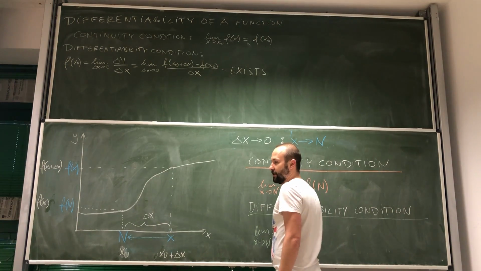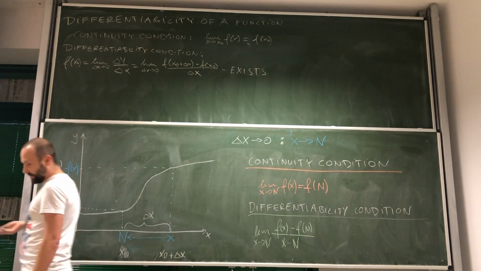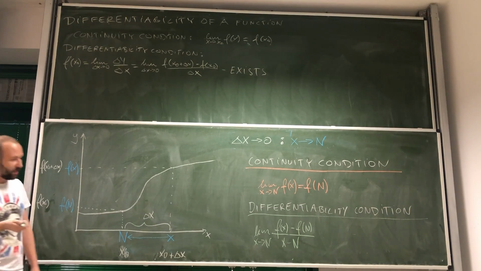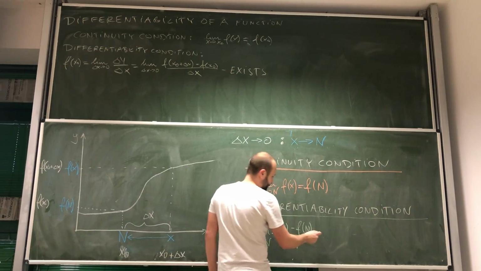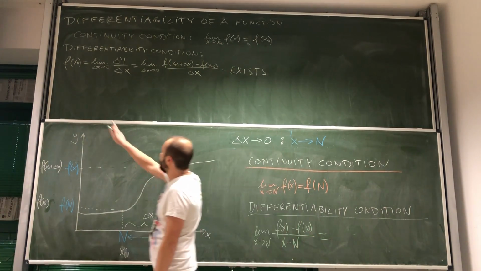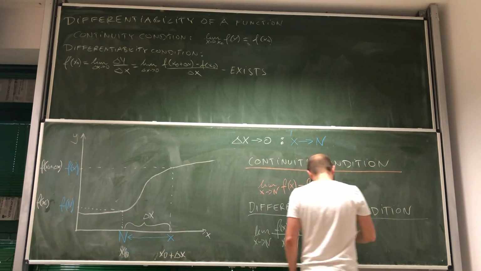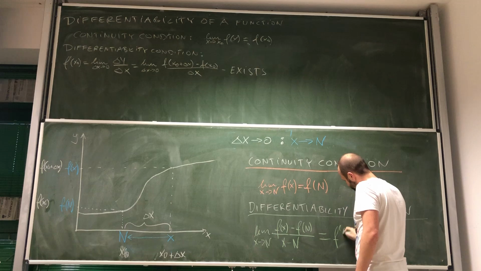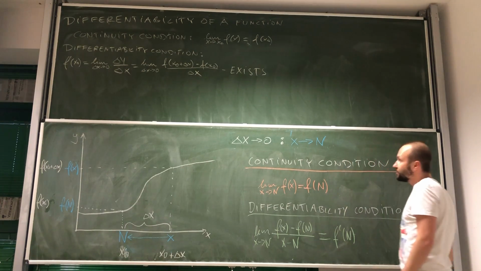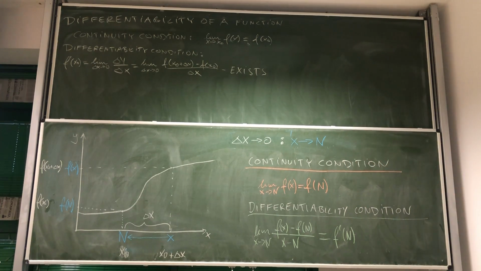And this is going to be equal to our derivative f prime of n, not at x0, because x0 is replaced by n.